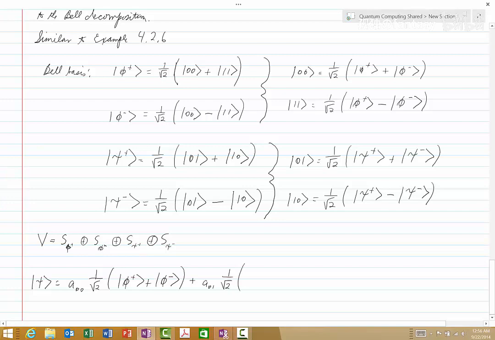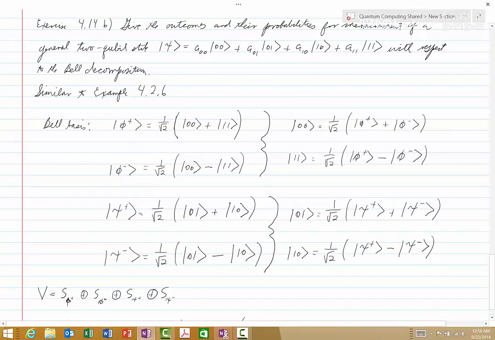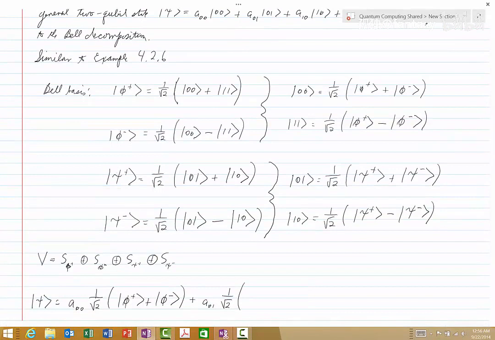Now let's look again. Okay, we had A00, and then here for 0, 0 we have substituted in what we found here for the 0, 0 cat. Now we need to go to this next term. We have A01, and now we're going to substitute what we have for the 0, 1 cat, which is 1 over square root of 2, which we've already written down, times this.